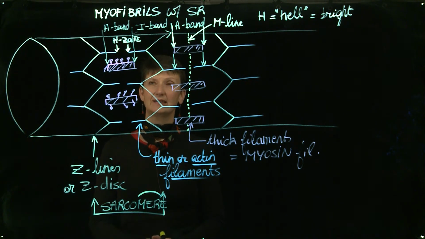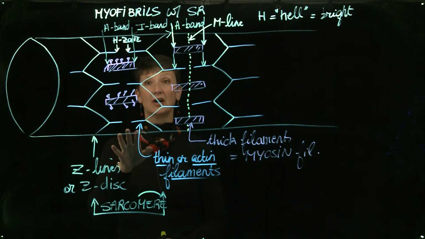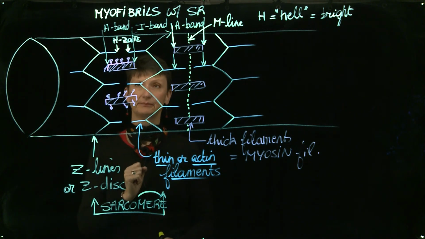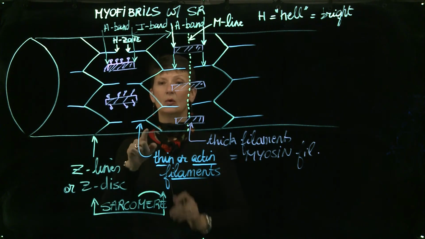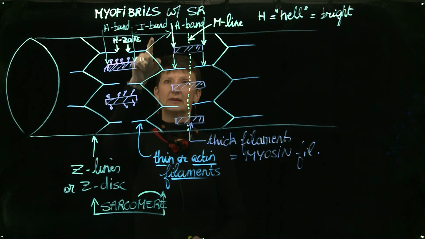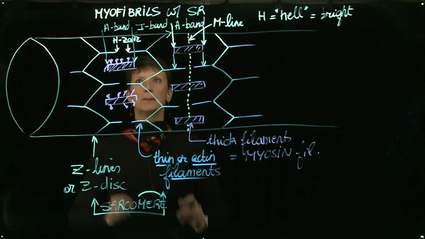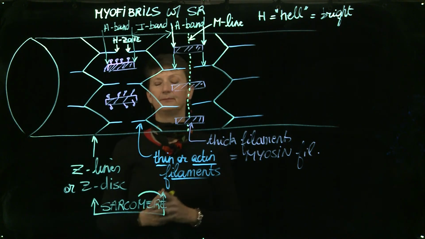And so we find that the A band, which has both thick and thin filaments in it, looks a lot darker under the microscope, with the lighter H zone within, compared to the I band. The I band only has thin filaments with the Z line, and therefore it looks a lot lighter under the microscope. So the striations are formed by the A and I bands.